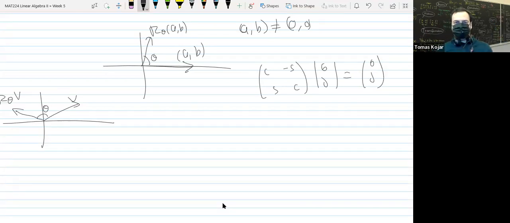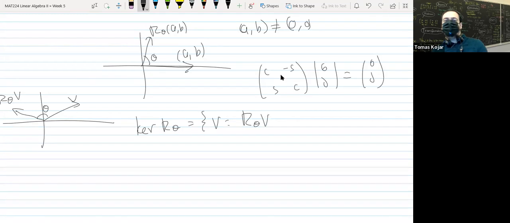Actually, I will do this later with the inverse, but I will show you how to invert this matrix. There's another way to see it, namely that, remember, the kernel of R theta is all the V's such that R theta of V is (0, 0). And you can show easily later that R theta is invertible.